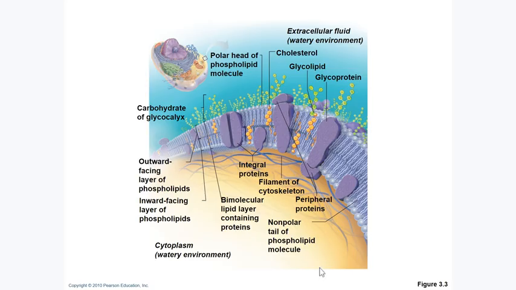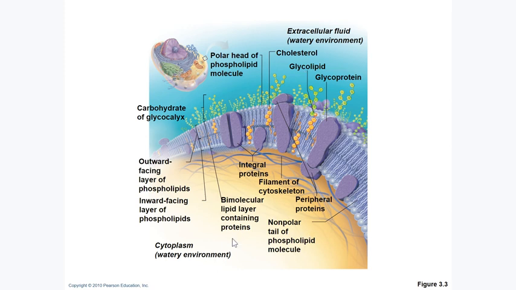So we can see it here. It's a phospholipid bilayer, which you should all remember from biology. So we can see those phospholipid polar heads here, and those non-polar tails here. These guys are hydrophilic, while the tails are hydrophobic. So they keep fluids where they need to be. So we have an outward facing layer and an inward facing layer.